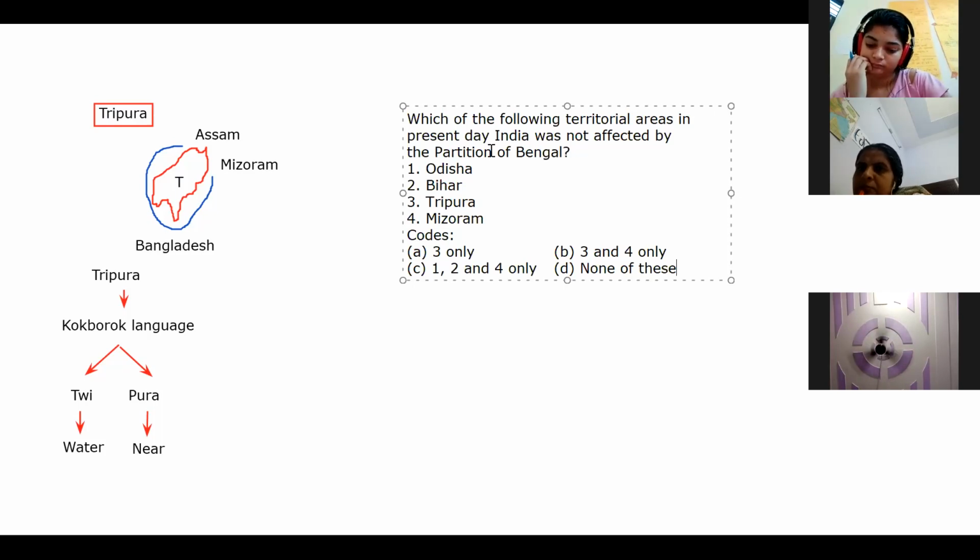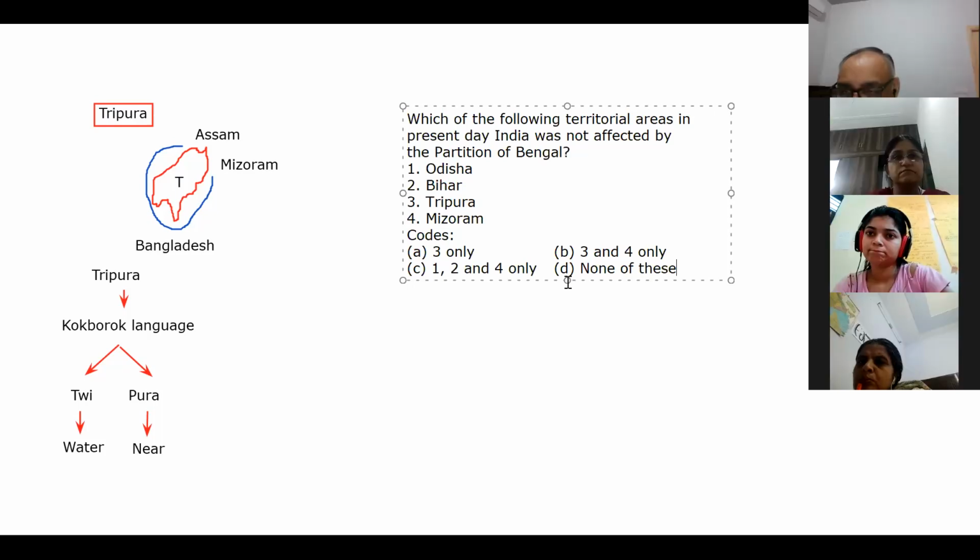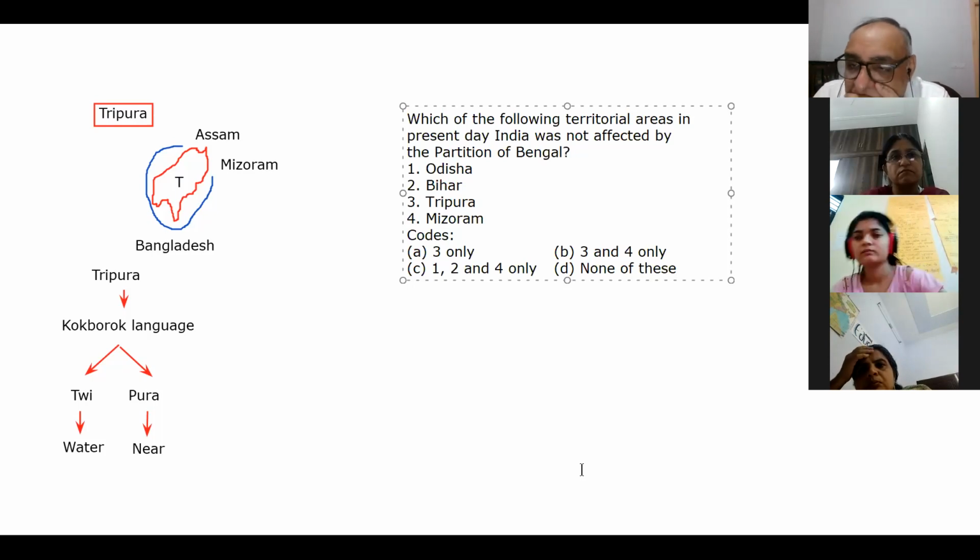Any wild guess? C, 1, 2 and 4, okay. Better see the partition of Bengal. It affected Bengal, you know.